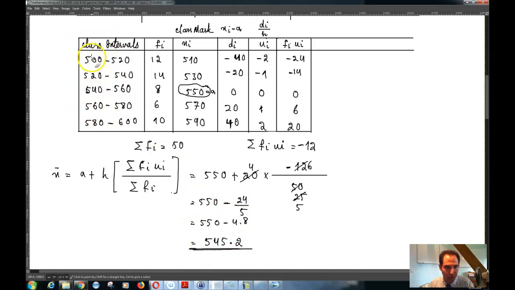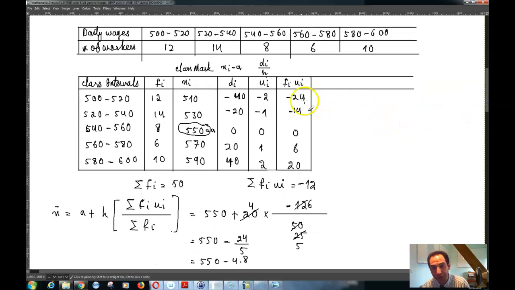These are all daily wages in rupees, and these are the number of workers corresponding to those wage classes. So there were 12 workers whose daily wages were between 500 and 520 rupees. There were 14 workers whose daily wages were between 520 and 540 rupees, and so on and so forth.